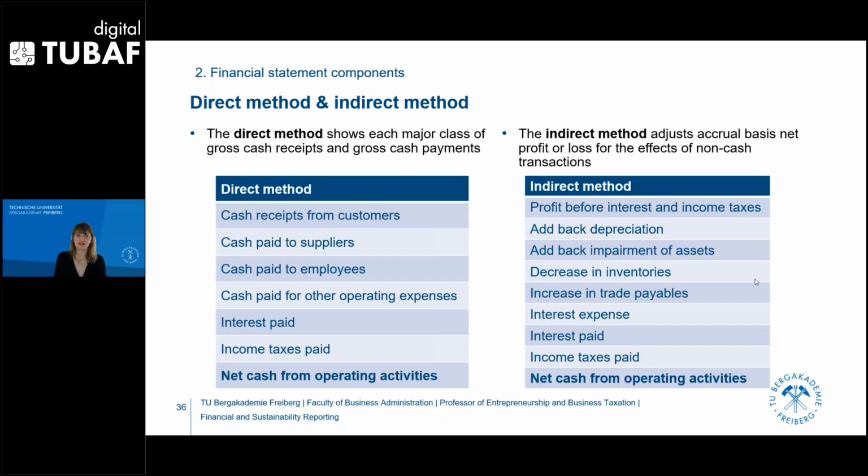So here you can see again the direct method and the indirect method and how it is calculated. In the indirect method, we start from the profit before interest and income taxes, and then we decrease and increase this amount, for example, for the changes in inventories or trade payables. And then we have the direct method, where we sum up all the cash payments, for example, which were made.